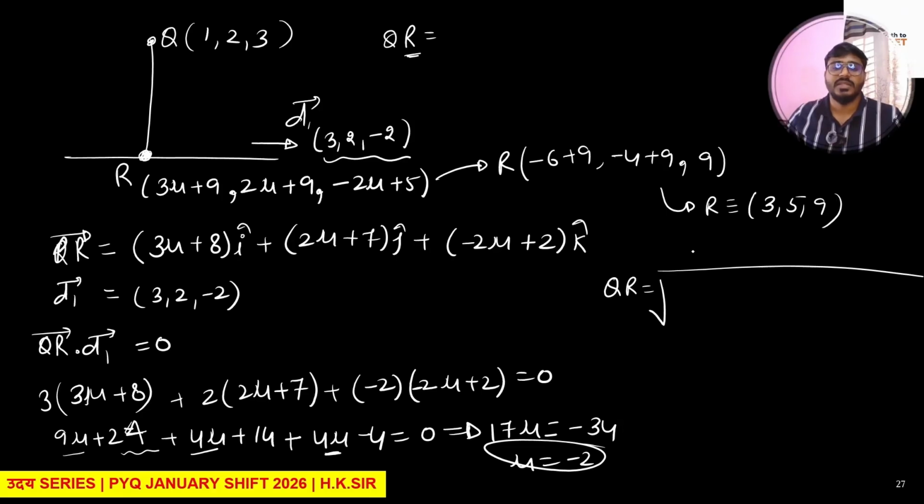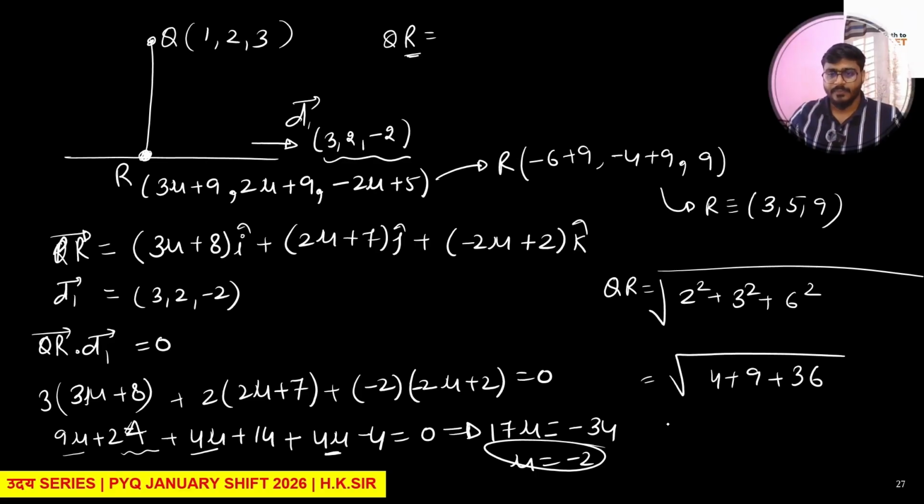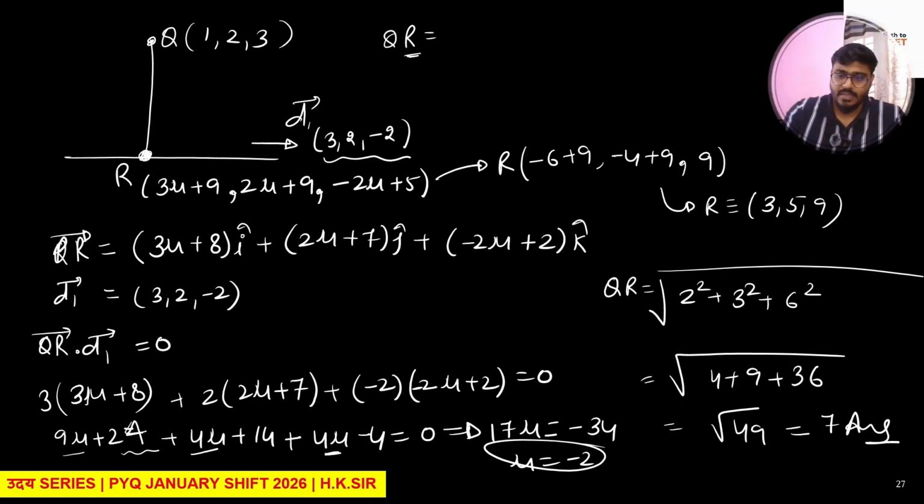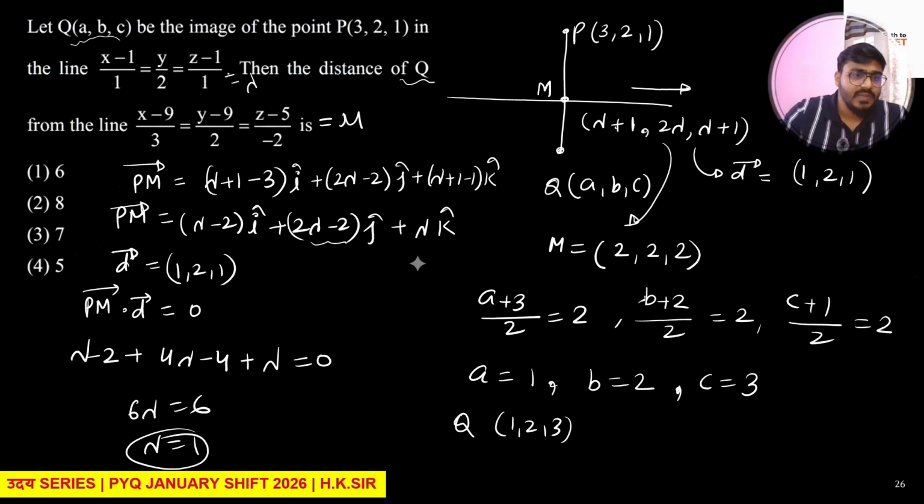So what is the distance? (3 − 1) whole square, that is 2 square, plus (5 − 2), that is 3 square, plus (9 − 3), that is 6 square. This is under root 4 + 9 + 36, root 49, and root 49 is nothing but 7. So this is our final answer. This is 7, that means the third option is our right answer.